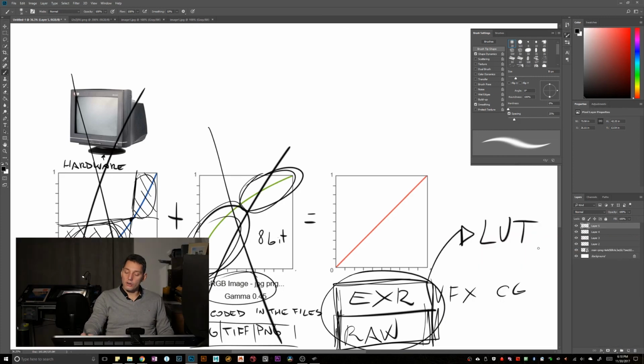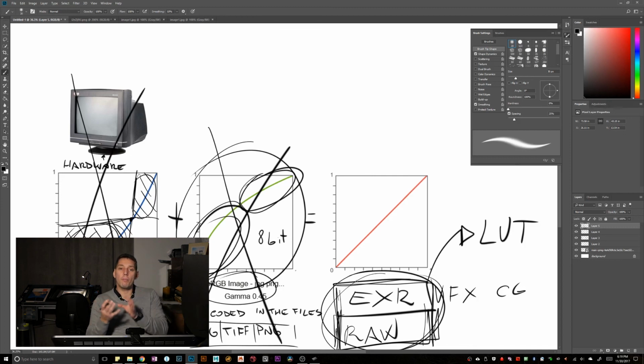A LUT, or Lookup Table, is nothing else than one of these sort of functions applied only when you display the image, so it's done via software, to these images, so that the values that you are elaborating are all the values of the 16 or 32-bit, but then these values are compressed for your output, which can be the screen that we are working on now, the television, the projector at the theater.